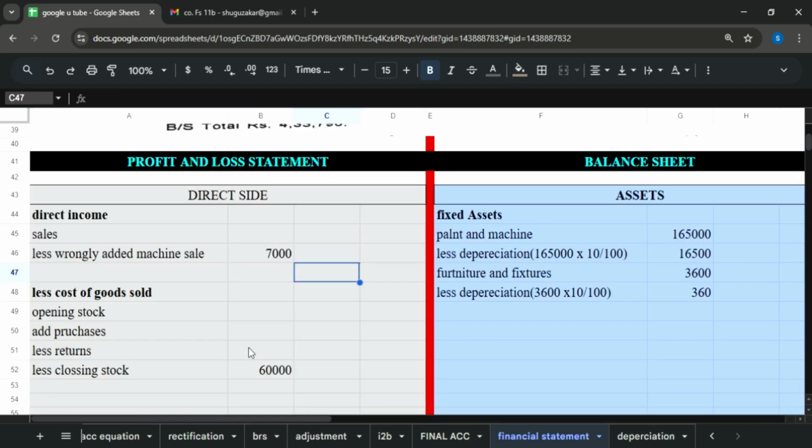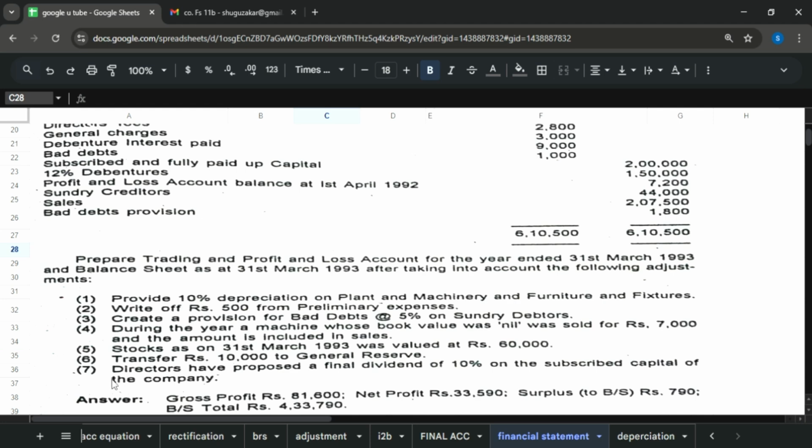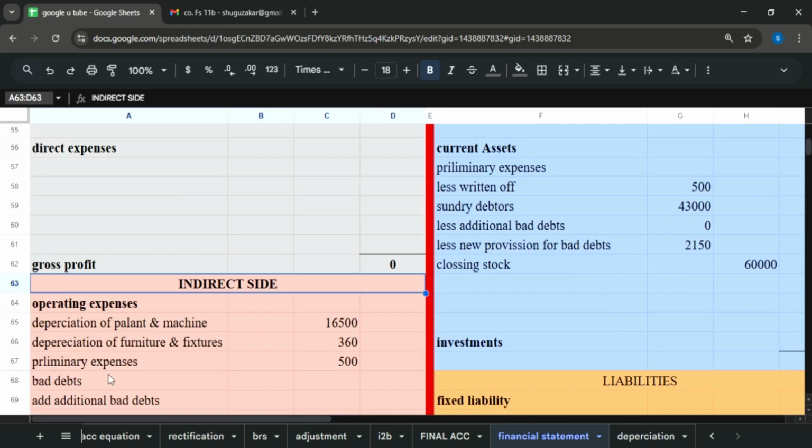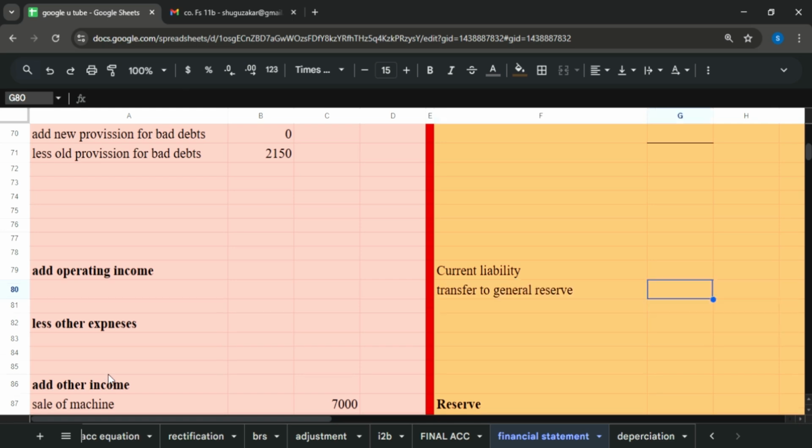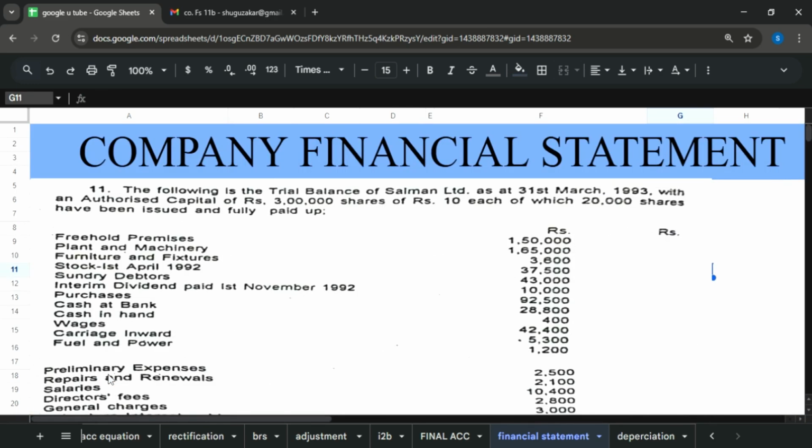Alright guys, this was the sixth entry, the first effect is completed. We'll go to the current liability side, and here we will be mentioning transfer to general reserve, the amount of which we have seen is 10,000. In this way its double effect is completed.